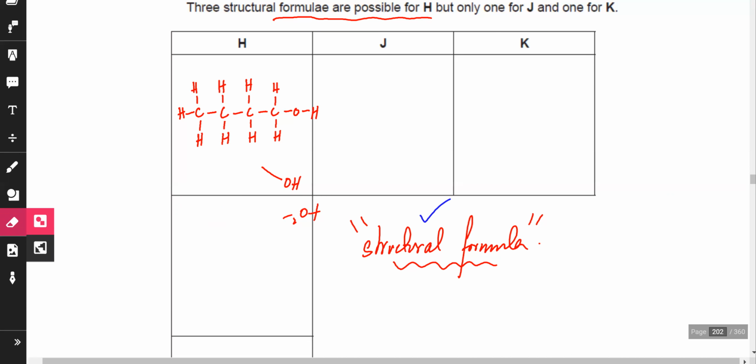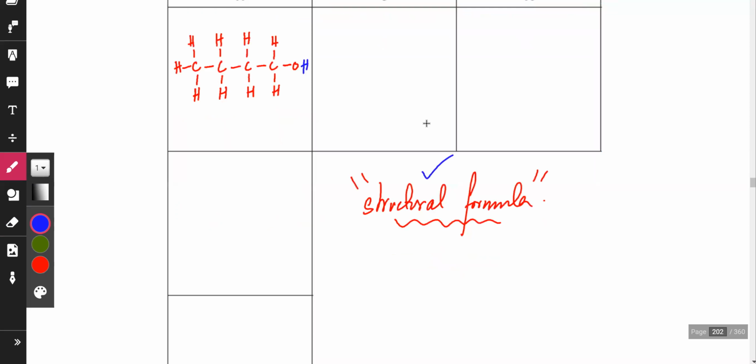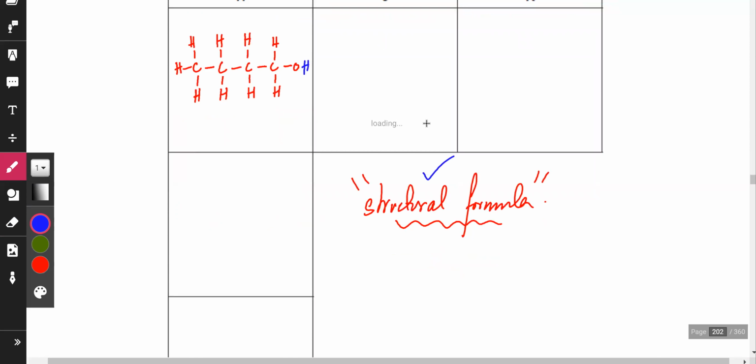So now coming back to this. This is the first one. Keep the OH together. So that's the first one. The second one, another alcohol. All four carbon atoms have to be in a straight line, that was the condition mentioned earlier. So all four carbon atoms have to be in a straight line at all cost.